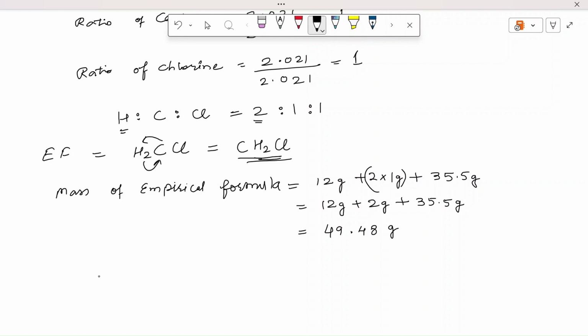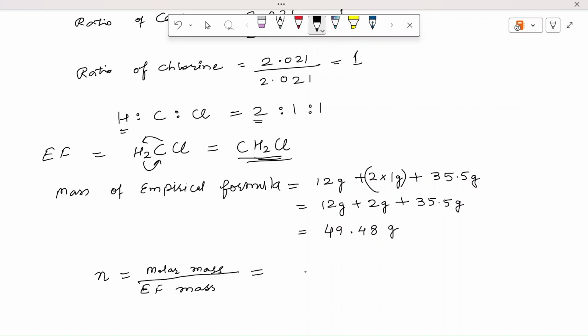So n is equal to the molar mass, because the molar mass of the compound has been given, divided by the empirical formula mass. I am writing it as EF, so you can get it, that EF is empirical formula.